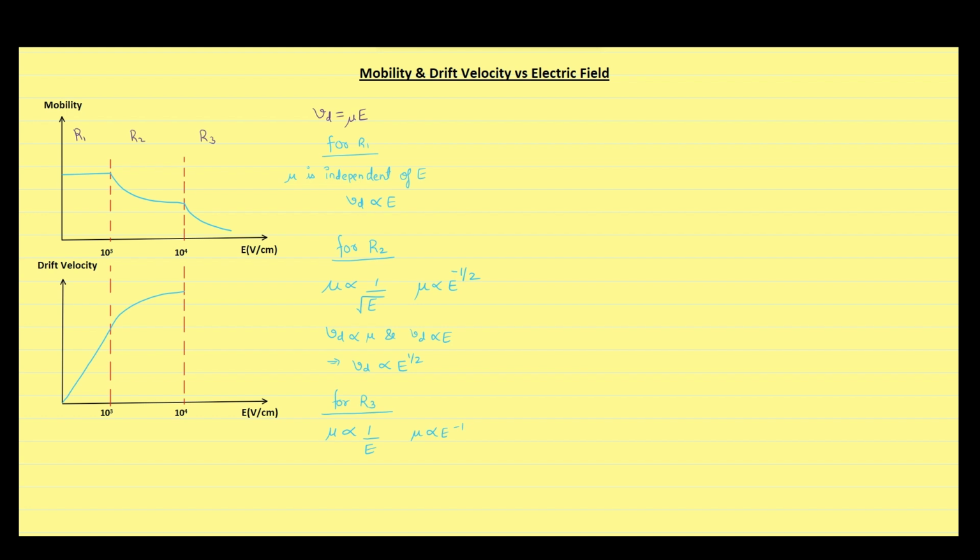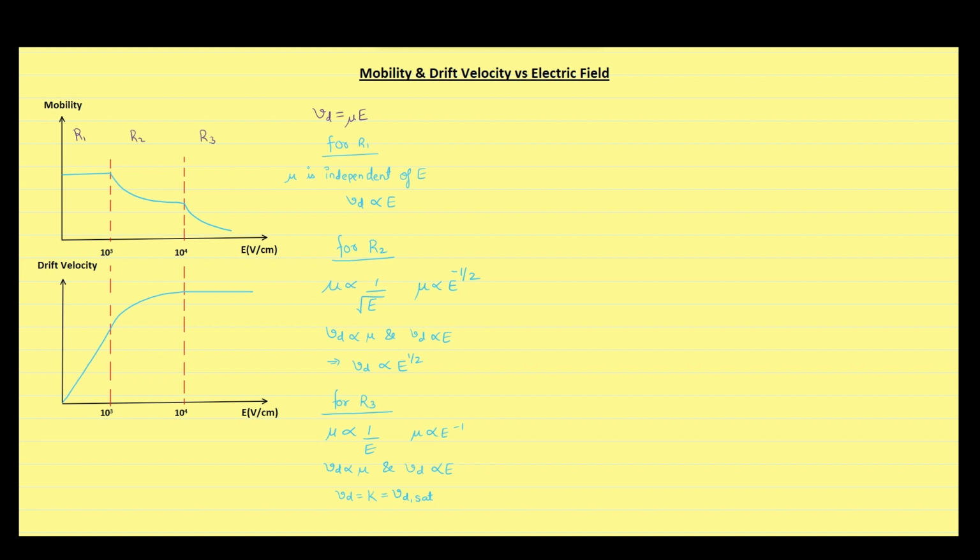Similarly, we know that drift velocity is dependent upon mobility as well as electric field intensity. But since mobility is decreasing such that it is inversely proportional to electric field intensity, drift velocity will become a constant, and this constant is also called the saturated drift velocity. So the graph will come out to be a straight line.